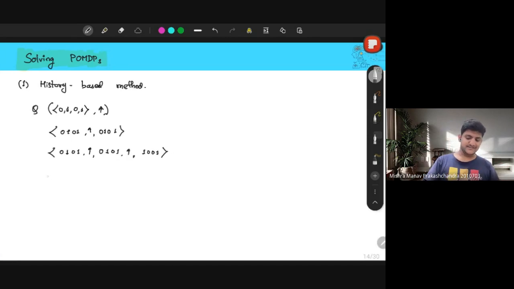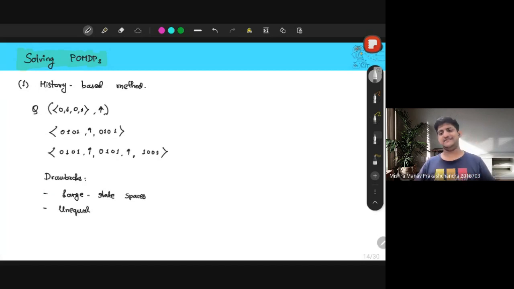Okay, so there are some drawbacks for this kind of method. First is you have large state spaces because you are maintaining a lot of history, right? So you have a large state space. Second is all your state spaces have unequal description. Okay, so the first state will be smaller, the second, third states will be disproportionately bigger, and so on.